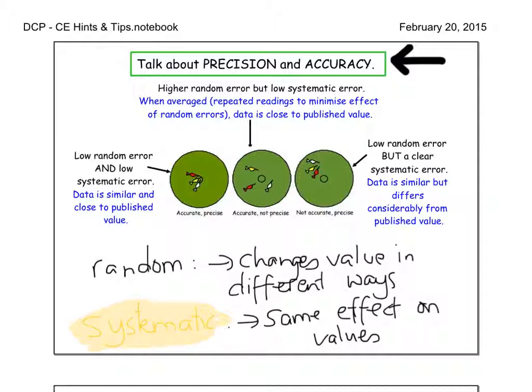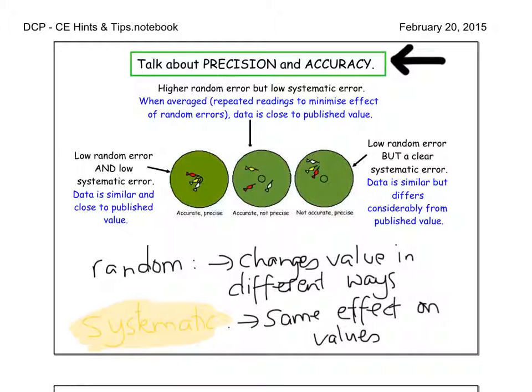If it's not close to the published value, but all of them are close together, that means you're likely to have a systematic error. Remember, systematic error means it has the same effect on all values. So, for example, you left some powder in your weighing boat, therefore your values weren't quite at the published value, but they were all close together because you did your titration very carefully. So they're all over here.